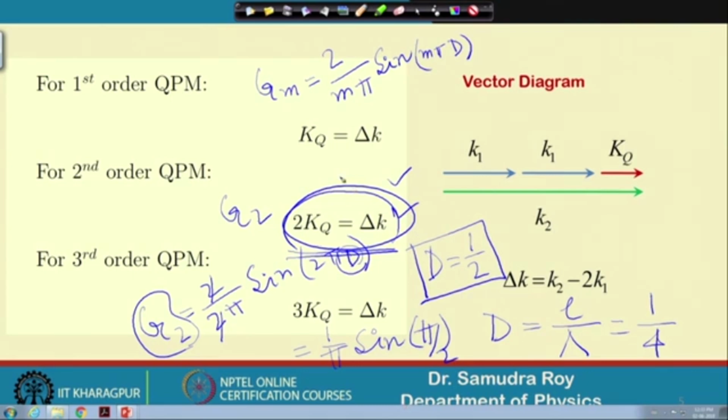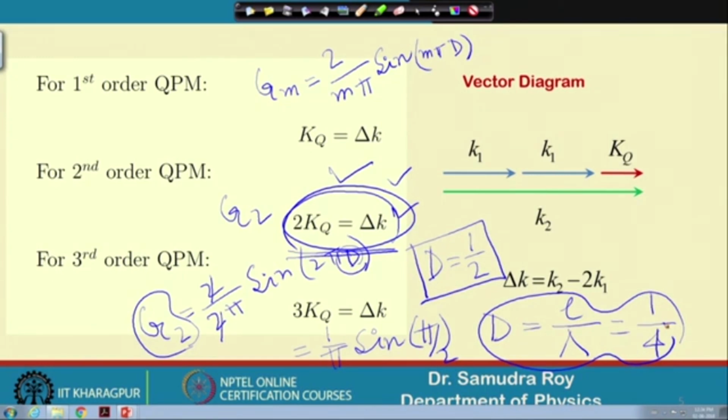So, in order to excite the second order quasi phase matching condition, the important thing that you need to take care of is the duty cycle. If you change the duty cycle, there is a possibility that you will get G 2 not equal to 0, which you would not if you retain the previous duty cycle, that is half.